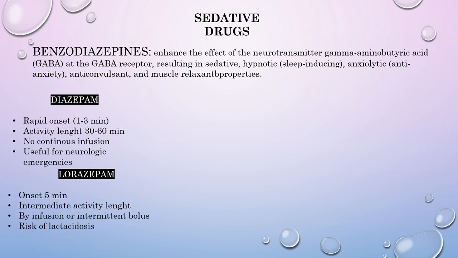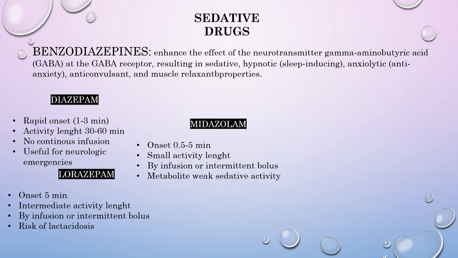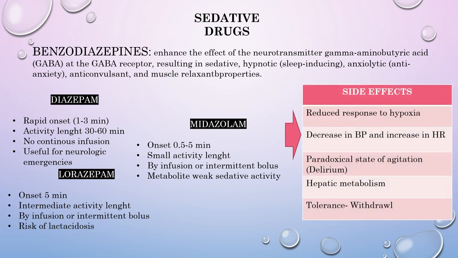So they differ from each other in onset time and length of activity. Maybe the best choice in the intensive care unit for continuous infusion is midazolam. They have side effects that we need to take into account. They reduce the response to hypoxia. They give hemodynamic changes, not so important, but they do, decreasing blood pressure and heart rate.